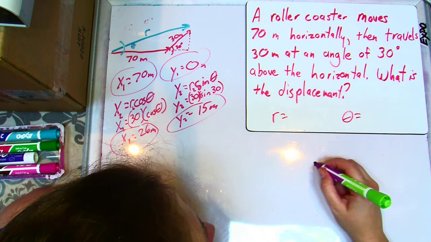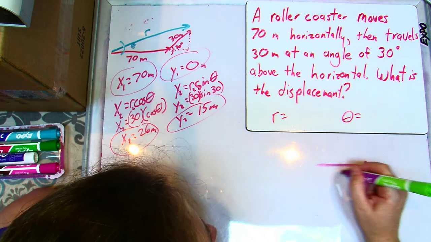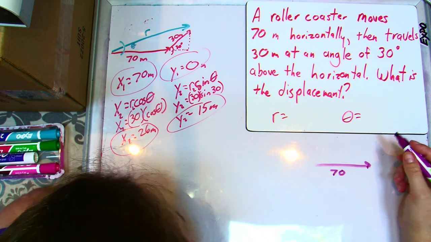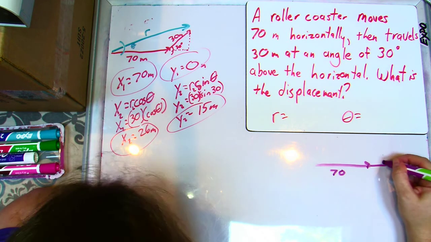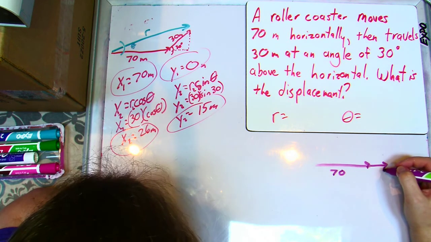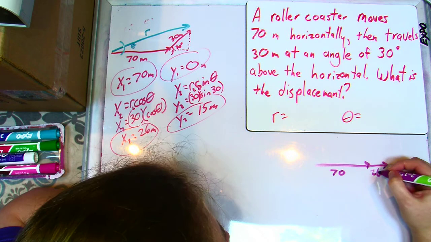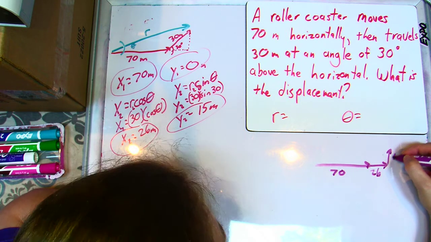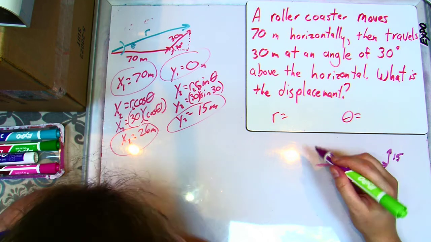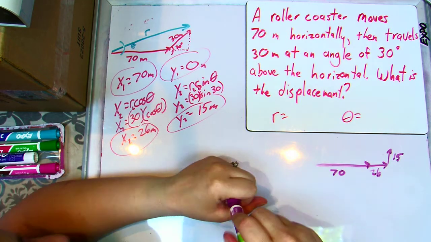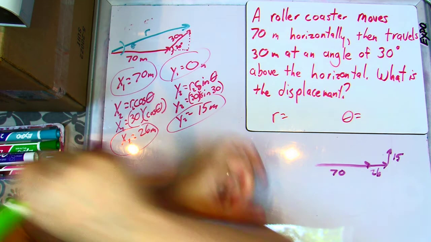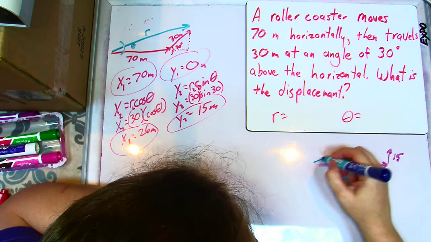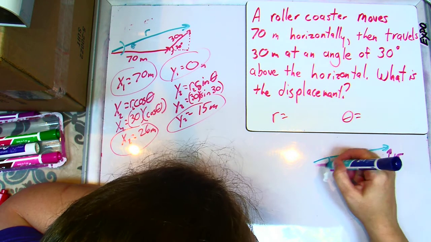So we have 70 from the first problem, and then we have 26 from the second problem. We have 15 from the second problem, and that will allow us now to figure out what that is.